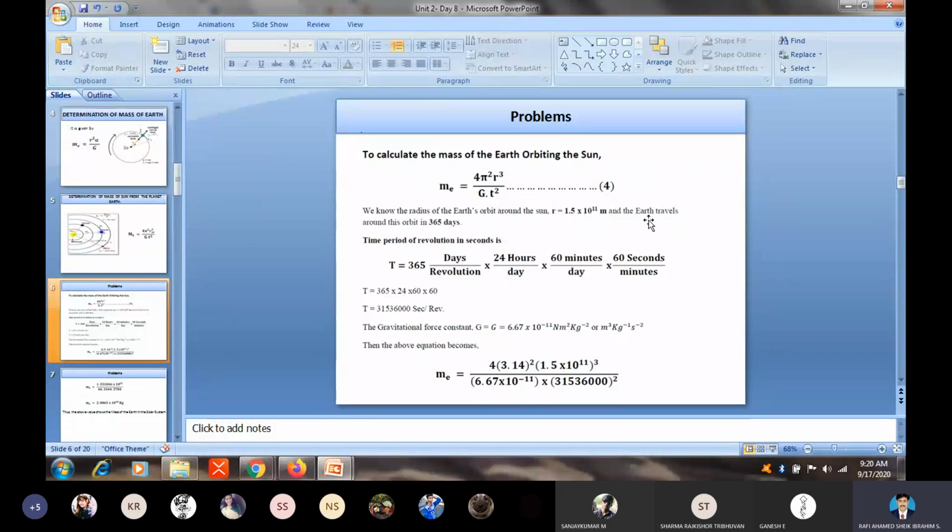And we know that the Earth travels around this orbit in 365 days. Each and every planet has its own orbital period.